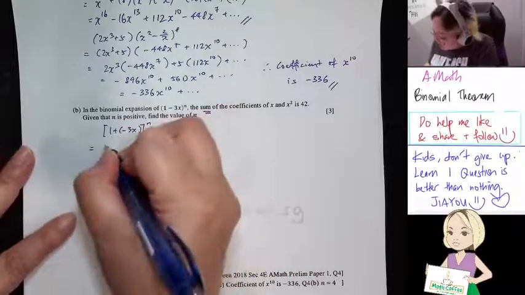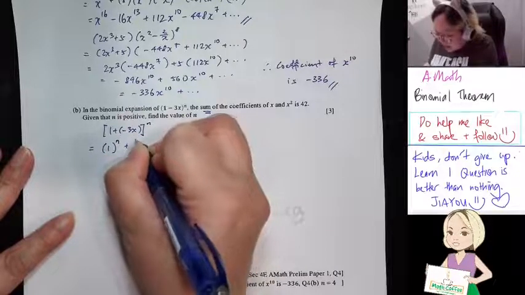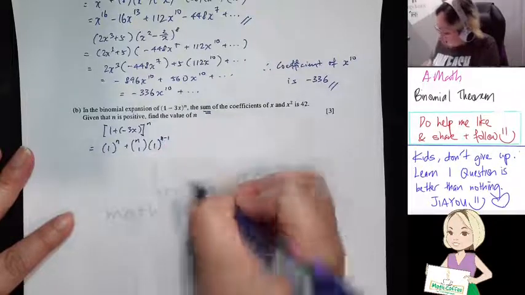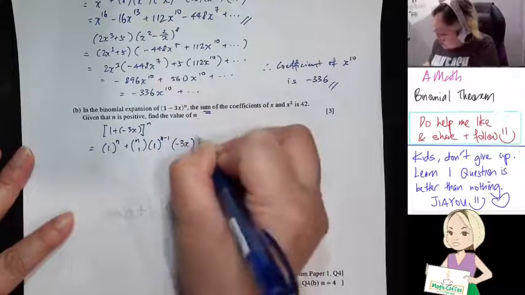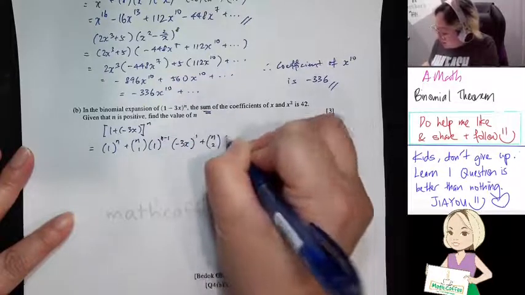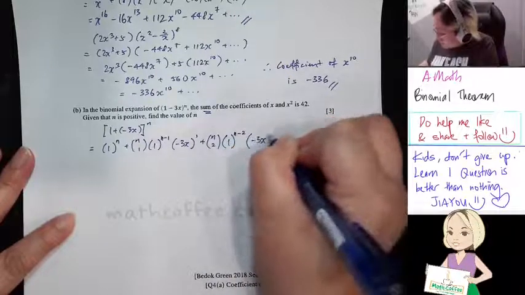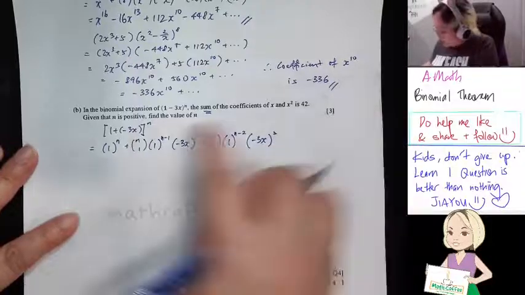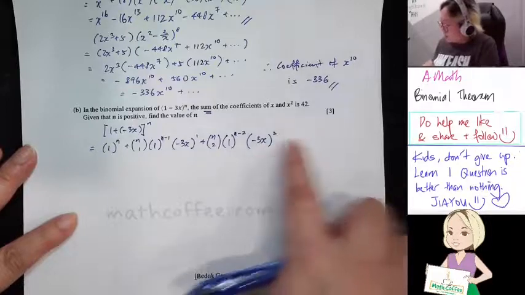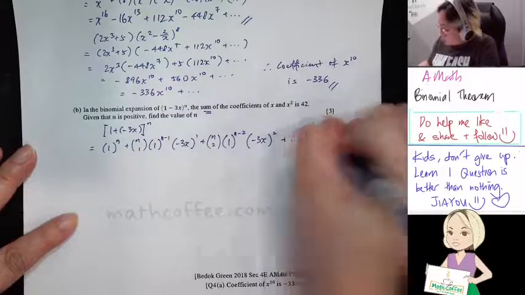So first, my a to the power of n plus n choose 1, my 1 to the power of n minus 1, my b to the power of 1 plus n choose 2, 1 to the power of n minus 2, minus 3x to the power of 2. And because they only want up to x squared, right? So I already have x squared here. That means I don't need more terms. I only need 3 terms. So put plus dot dot dot.